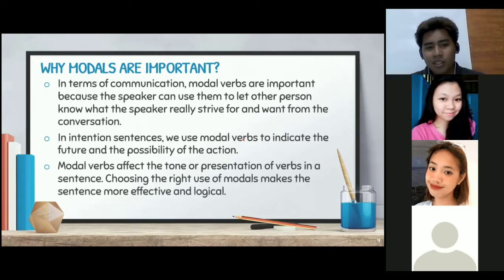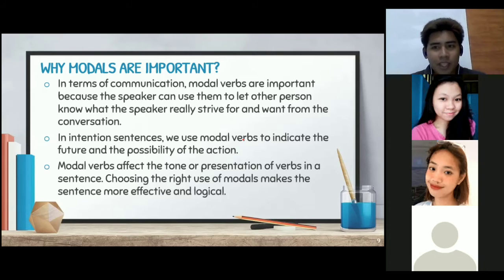Lastly, modal verbs affect the tone or presentation of verbs in the sentence. So like what I've said earlier, modal verbs set the emotion of the sentence, of the meaning or the idea of the sentence. Choosing the right use of modals makes the sentence more effective and logical.